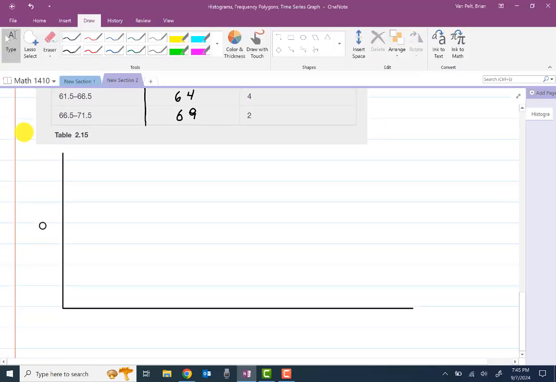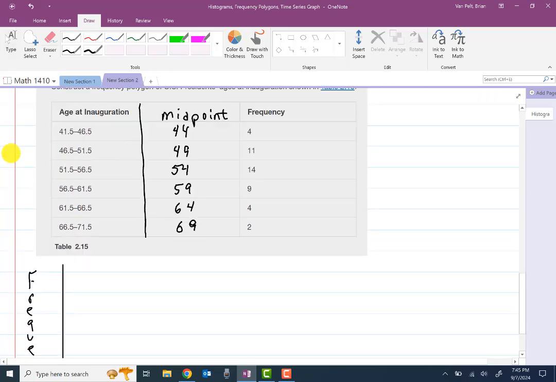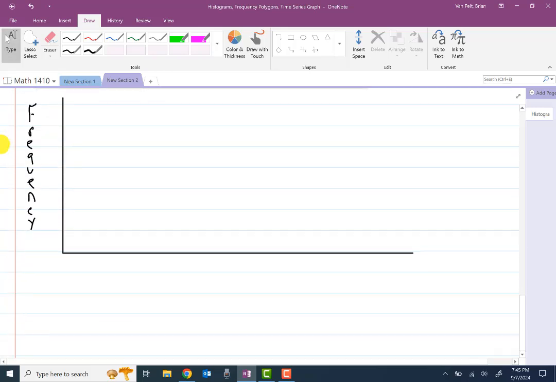As before, I'm going to put frequency along this side. You could put midpoint down here, or let me actually make one of these age at inauguration. That sounds good. So we could put age at inauguration.